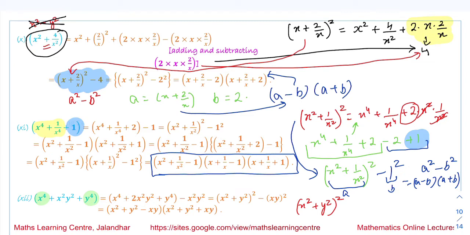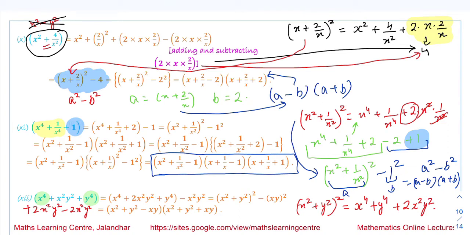So if you solve this term, it will be x raised to the power 4 plus y raised to the power 4 plus 2 times x square y square. So what we do, we add and subtract 2x square y square to this term.